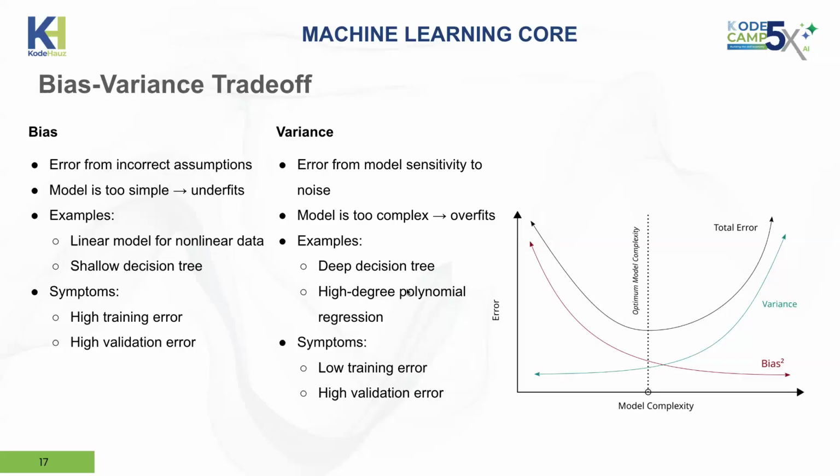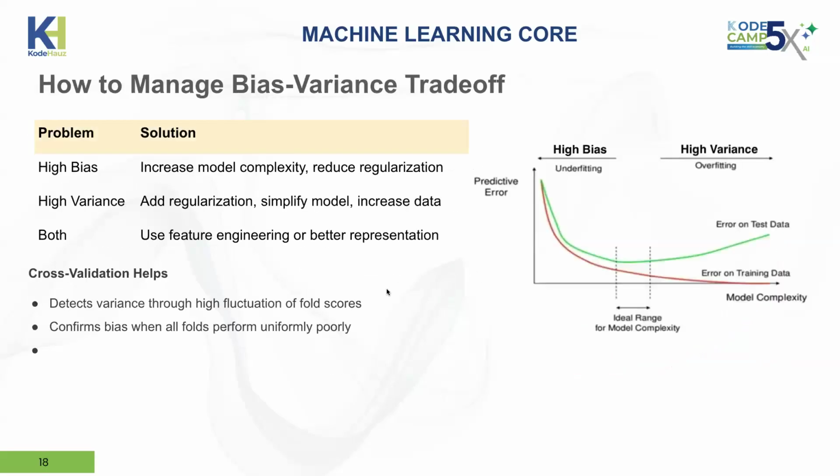In that situation, you can add regularization if you're overfitting. You can also add more data. Whenever you have a model that is too complex, you need to add more data or reduce the complexity of the model so that it fits the data. So these are some of the things you can do.